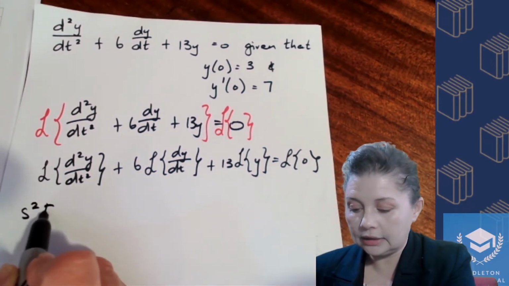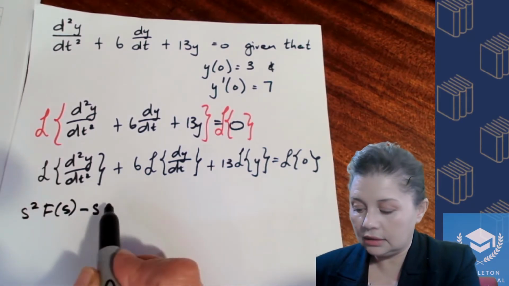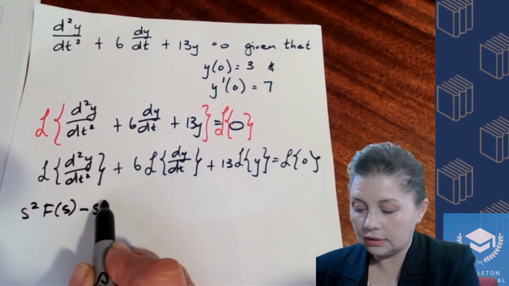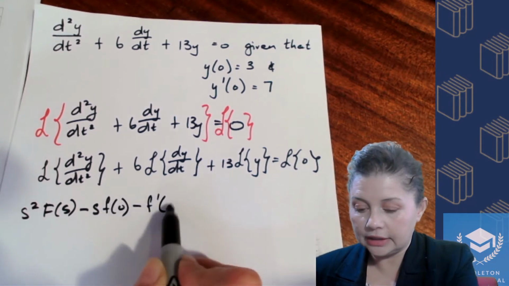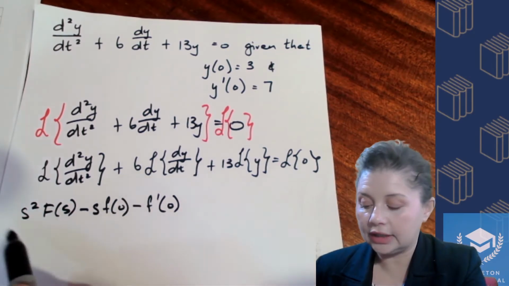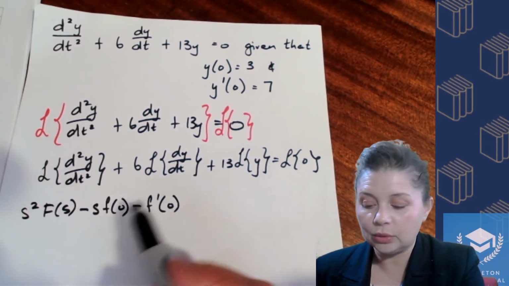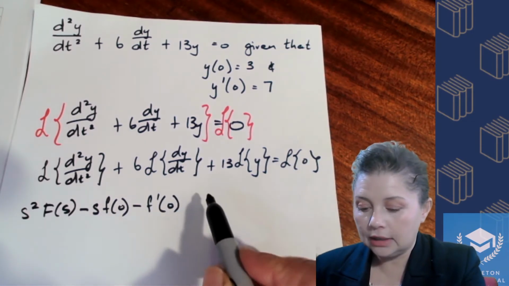So I'm going to write that as s squared F of s minus s f at 0 minus f dash at 0. I'm just writing the formula straight down from the sheet. Okay, we'll speak about the labeling of these variables afterwards.